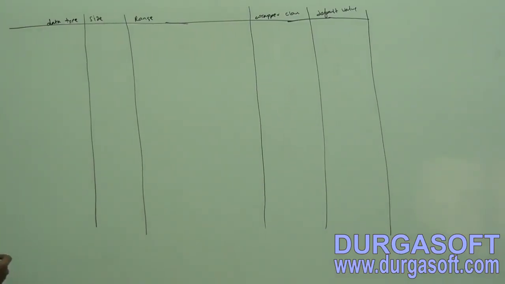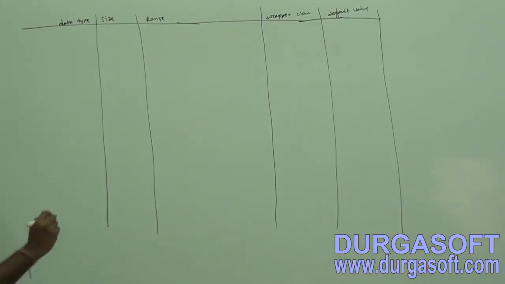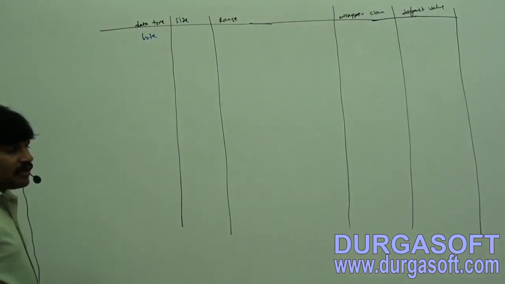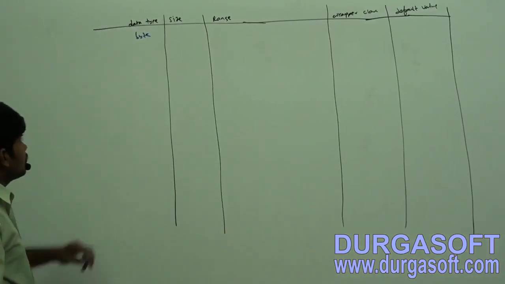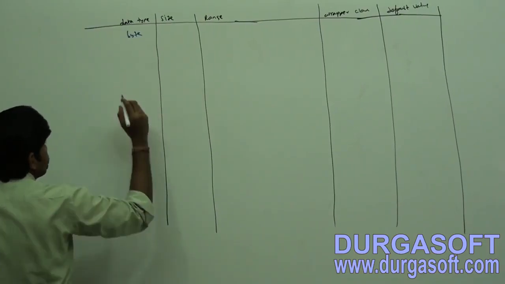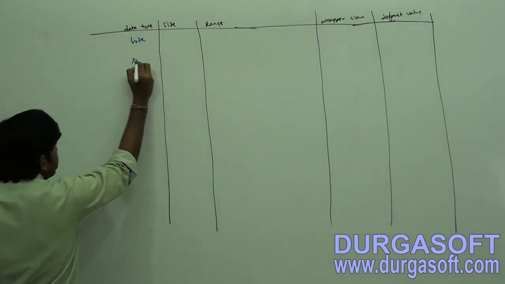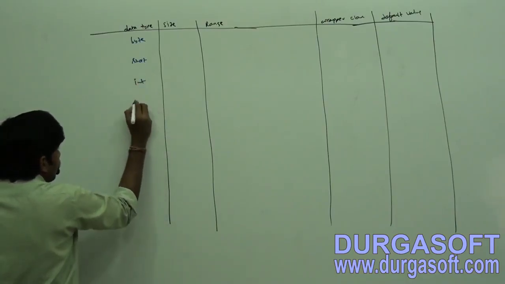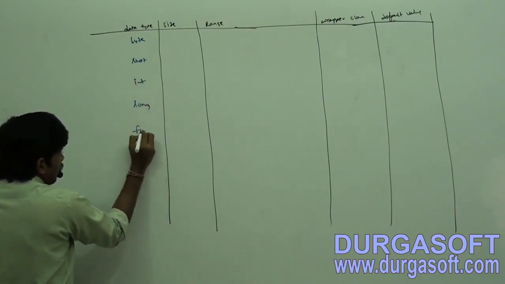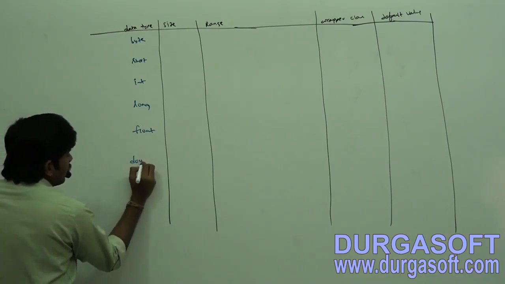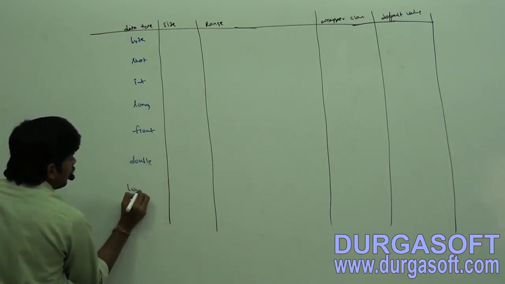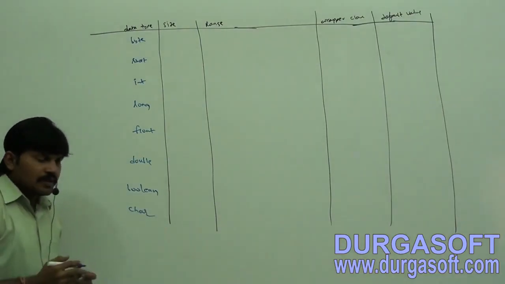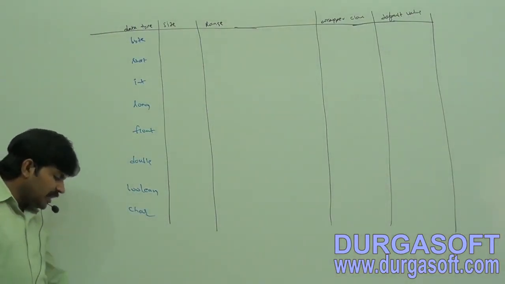Now I am taking the first data type, byte. Next we have to discuss short, int, long, float, double, boolean, and the last one, char. Sir, what are the bytes?